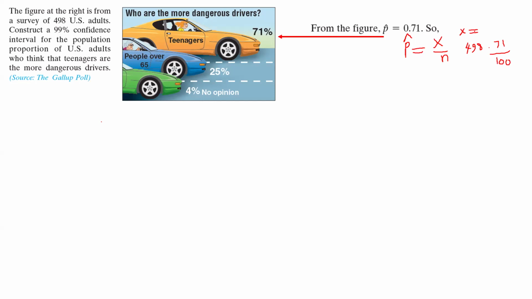So it's going back to algebra. Okay, you can round it up to 354. If you do the multiplication, 354 people said, yeah, we think teenagers are more dangerous drivers.